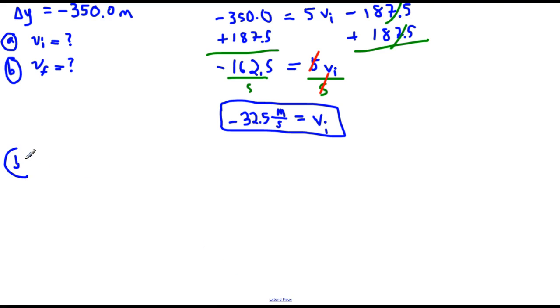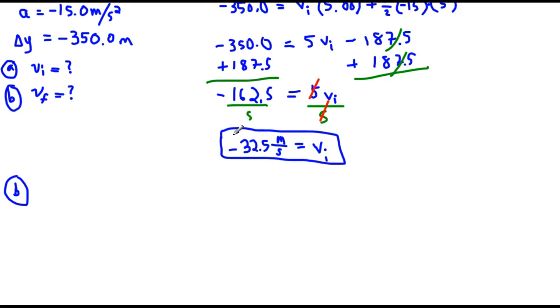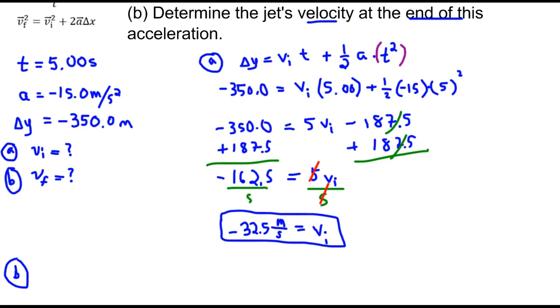Part B. I should check sig figs, right? When I multiply the 15 and the 5.00, this was 15.0, that's 5.00. When I multiply these, the answer should have 3 sig figs, and that means this would just be 188.